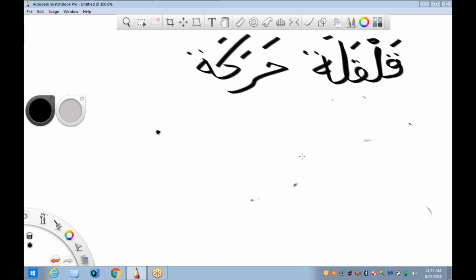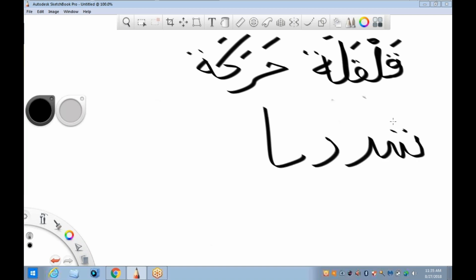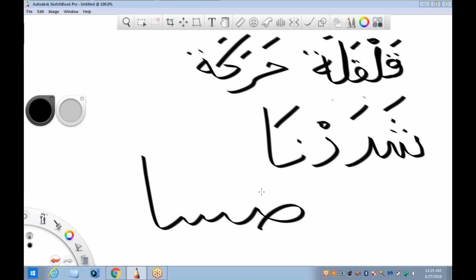Look at this example. This is a lesson that has to do with the sifat. Look at these words. We have a dal with a fatha next to a dal with a sukoon, so the first one is going to be bigger than the second one.